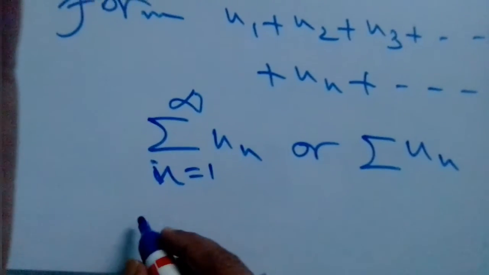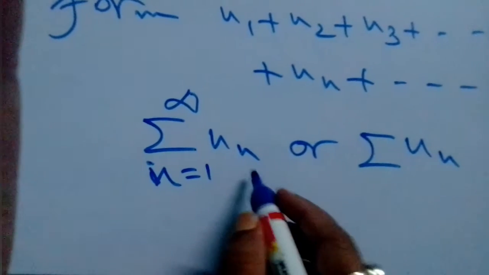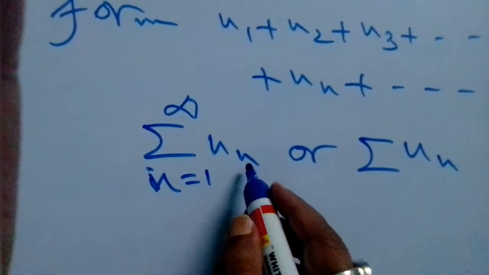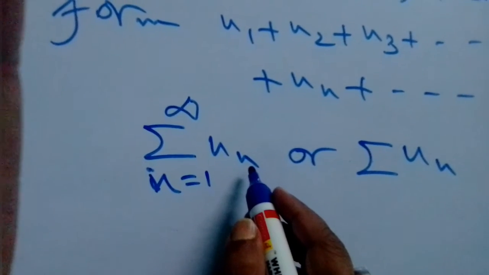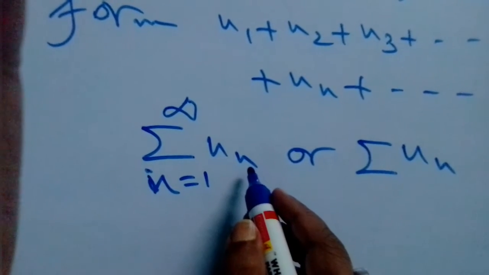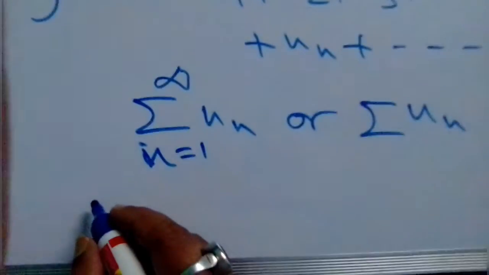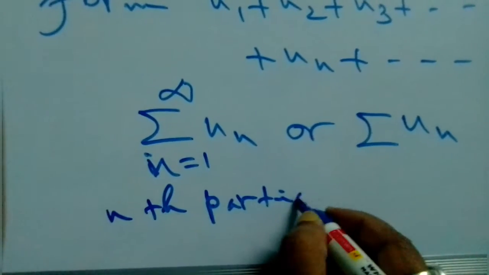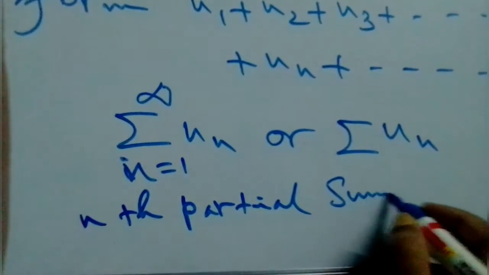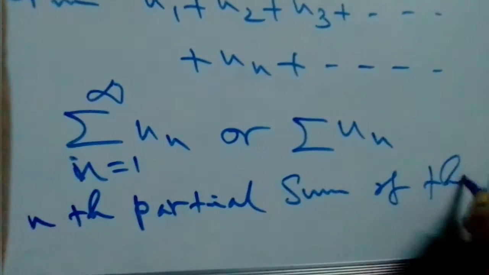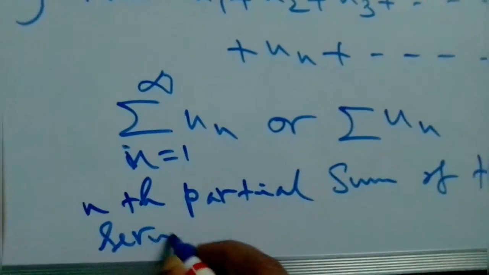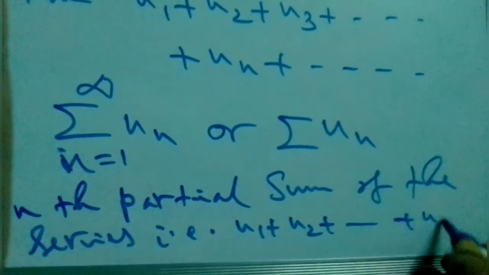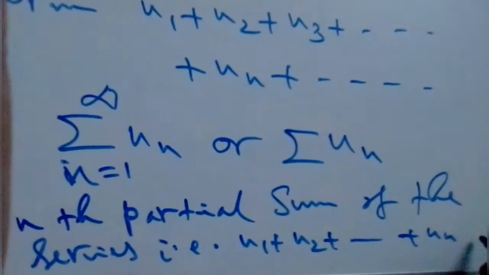If we take the nth partial sum of this series, that is u1, u2 up to un, it is called the nth partial sum.